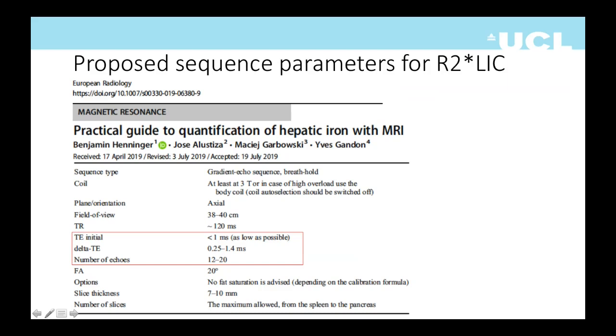Furthermore, the interval between echo times is very short and preferably stable, and the number of echo times is at least 12 or optimally 20, so that the curve fit can be robust, and so that you can trust the parameter of that curve, which is the T2 star.